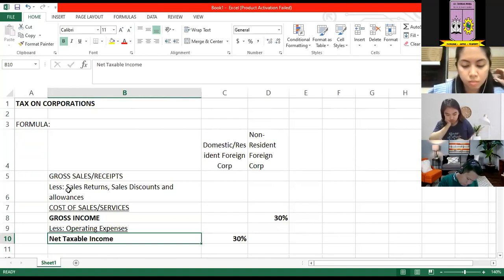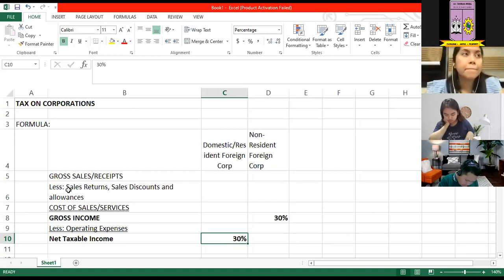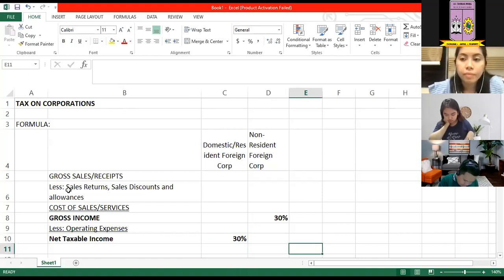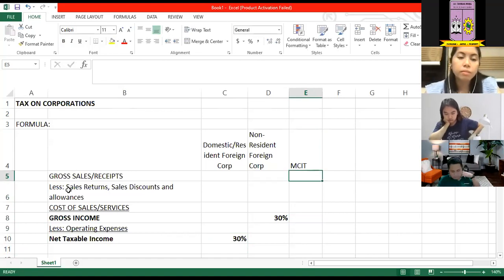Kung mababa yung taxable income mo, mababa din yung income tax due, tama? So, anong epekto nun sa government? Ang epekto, walang collection or maliit yung collection ng government. So, para maiwasan yung under-declaration ng income, kaya nabuhay yung tinatawag nating minimum corporate income tax, okay? Or tinatawag nating MCIT, no? In short.